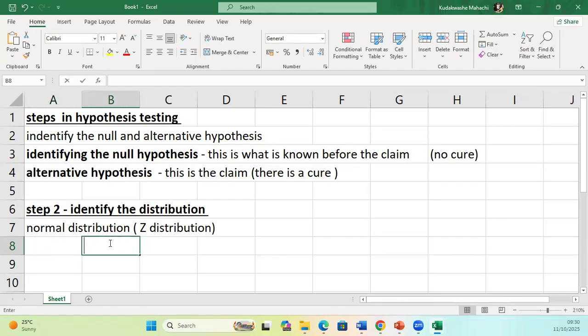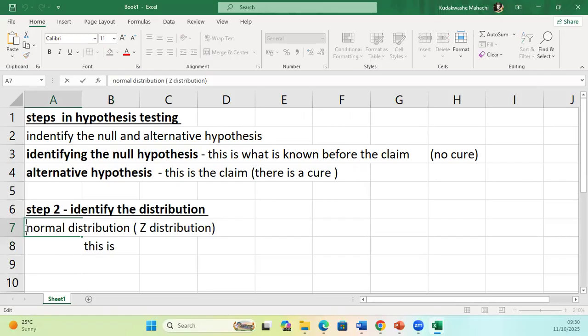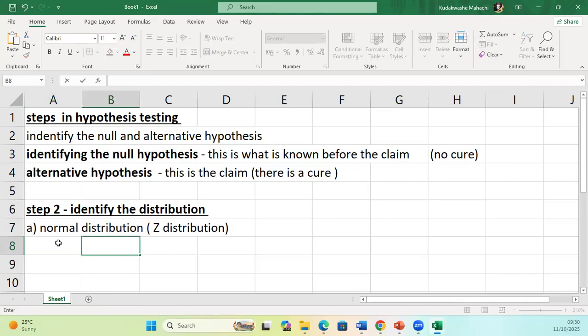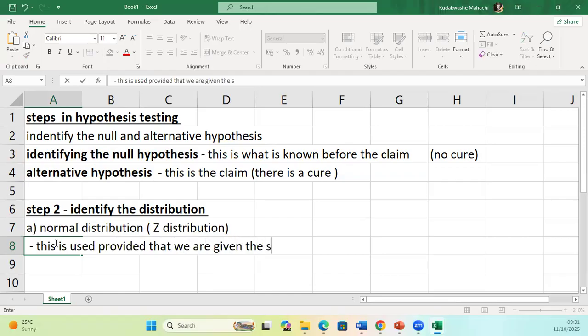So the normal distribution is used, or rather, let me say A here. This is used provided that we are given the standard deviation. So we must be given the standard deviation. That's the first condition.